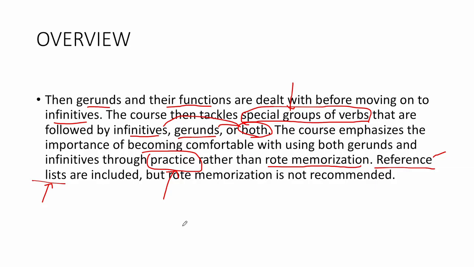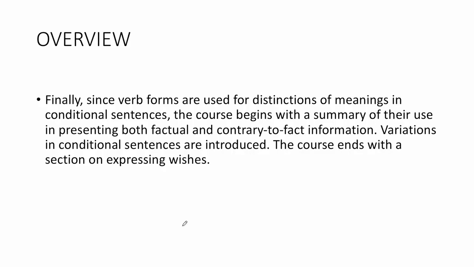After that, we're going to move into the last chapter, which is about conditionals. Since verb forms are used for distinctions of meaning, the course begins with a summary of their use in presenting both factual and contrary-to-fact information.